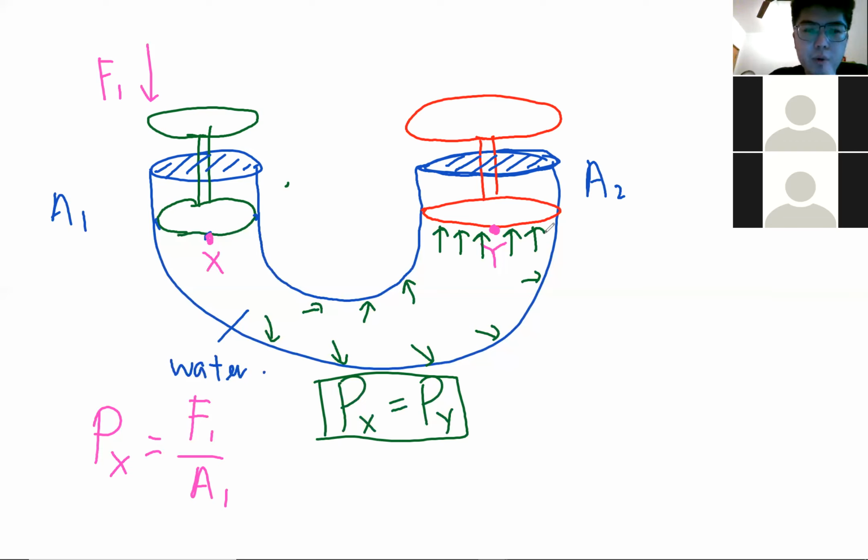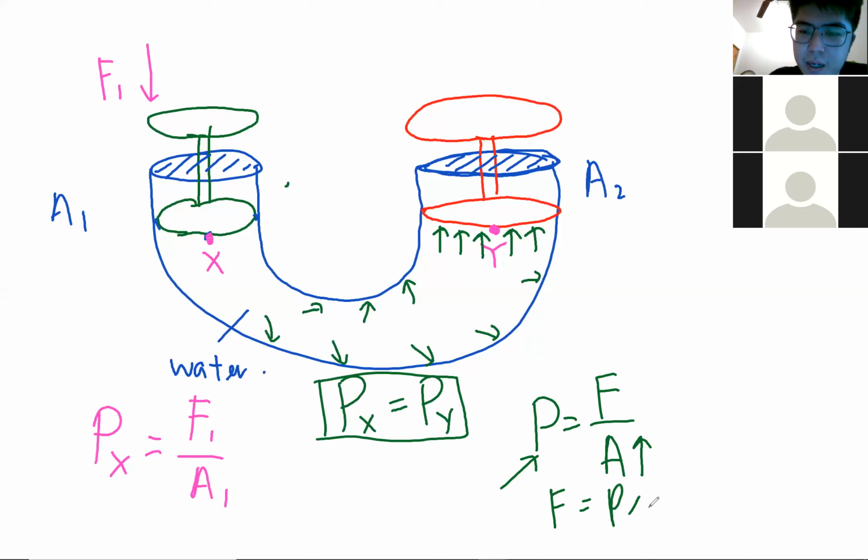So what happens if we look at the formula? P equals F over A. If our pressure is constant, what happens if our area increases? So F equals P times area. If we have a constant pressure but our area increases, our force will increase. Our force will become bigger if you increase the area.